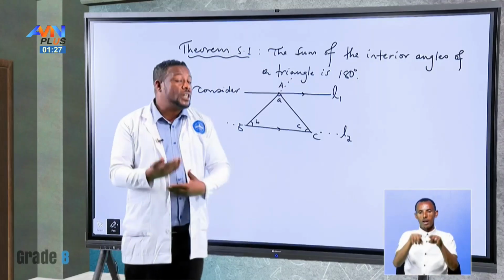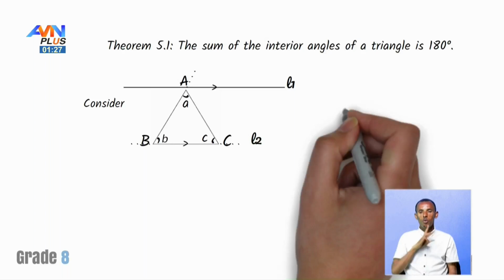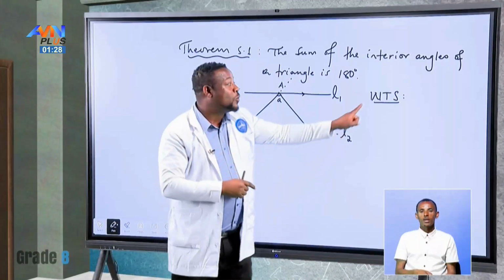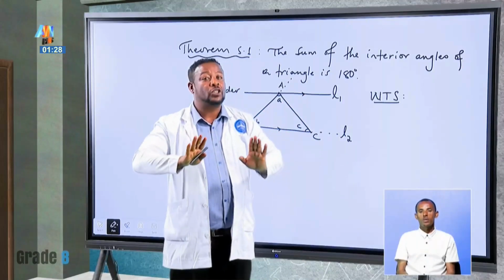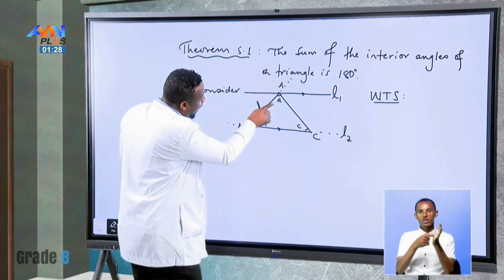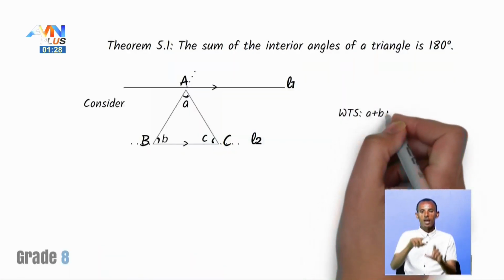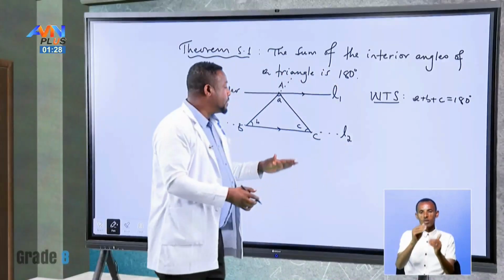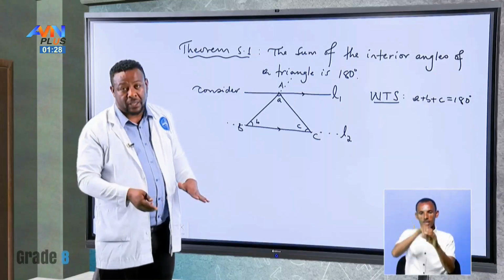Now, our objective is, we want to show, and this is a shorthand notation that I use, that angle A plus B plus C is 180 degrees, because these three angles are the interior angles of the triangle ABC.